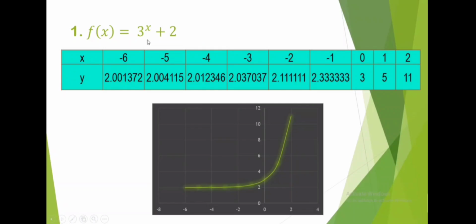So 3 raised to the power of 0 is 1. Any number raised to the power of 0 is 1. Plus 2, so our answer is 3. Another example, we have 1. 3 to the power of 1 is 3. Plus 2, the answer is 5, and so on.